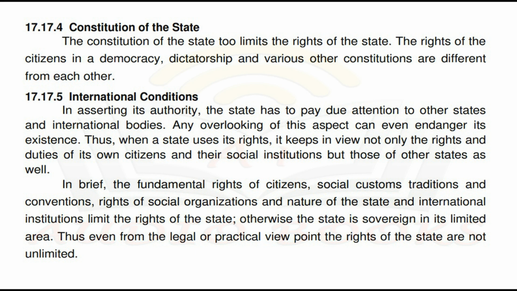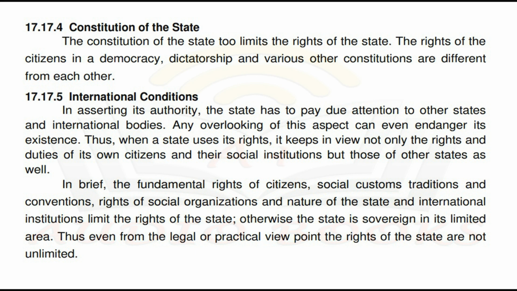In asserting its authority, the state has to pay due attention to other states and international bodies. Any overlooking of this aspect can even endanger its existence. Thus, when a state uses its rights, it keeps in view not only the rights and duties of its own citizens and their social institutions but other states as well.